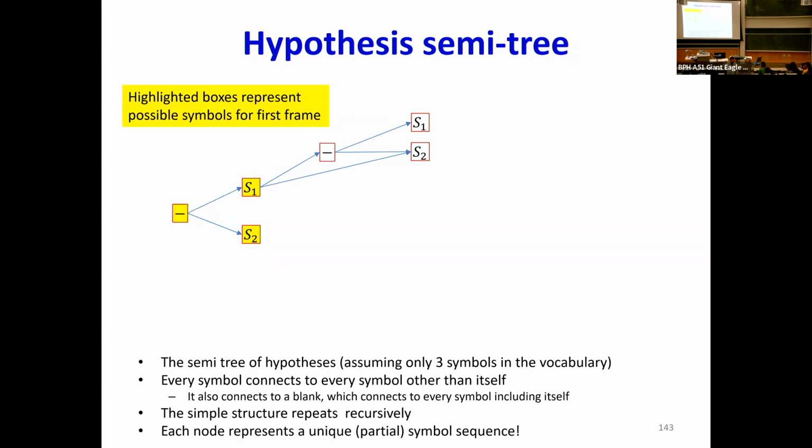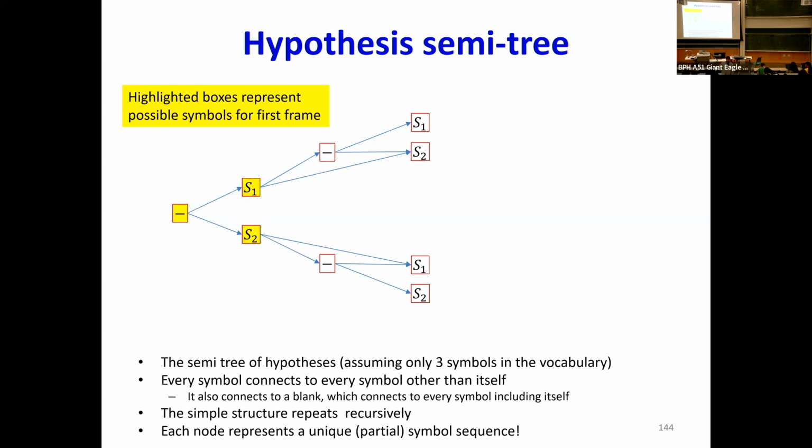So this represents all possible ways of generating S1, S2. Similarly, the bottom one represents all possible ways of generating S2, S1, and S2, S2. So now this tree represents all possible sequences of length 2. There are 4 options: S1, S2, S2, S1, S1, S1, S2, S2. And this represents every possible way.